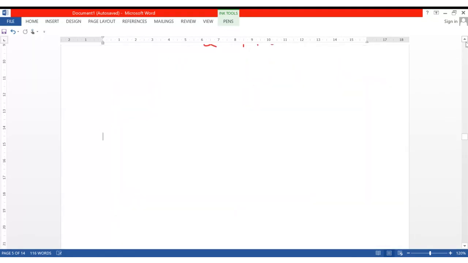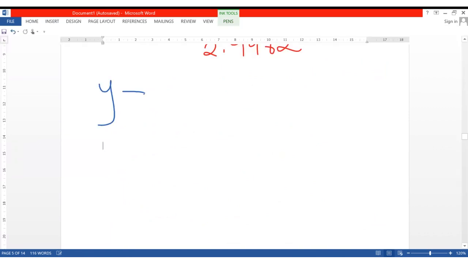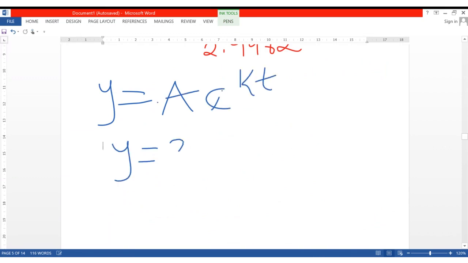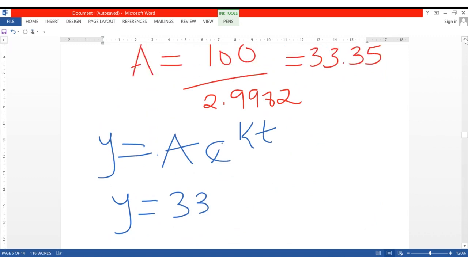So let me repeat back again the law. So y, this is the equation that we had. The law of exponential change, y equals a exponential kt. We've gotten the value of the constants. Our a we are given as 33. Can I remember 33 point what? 33.35.